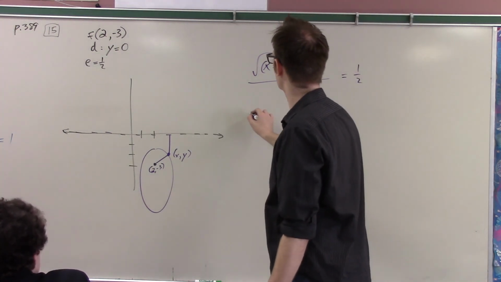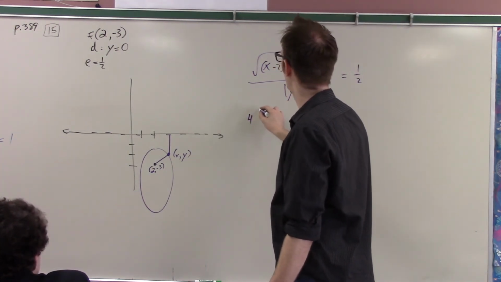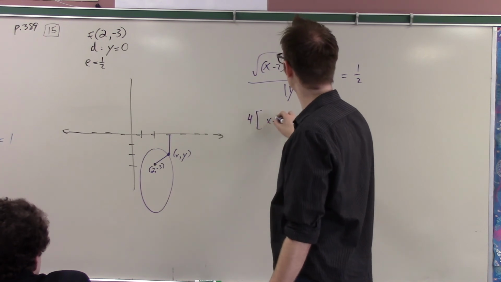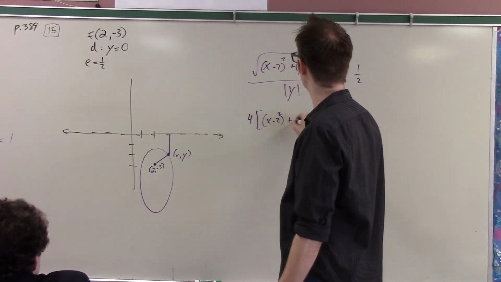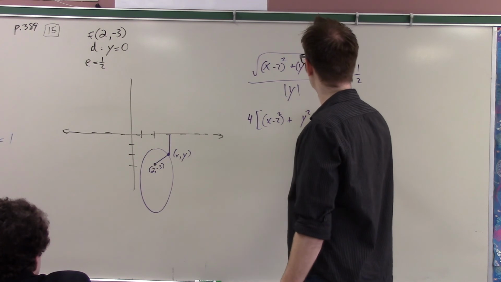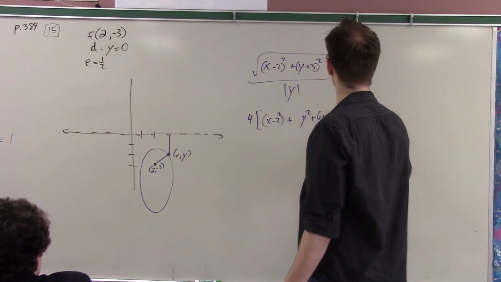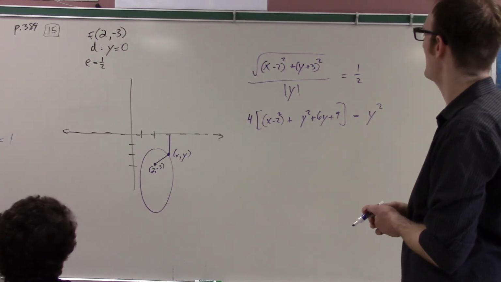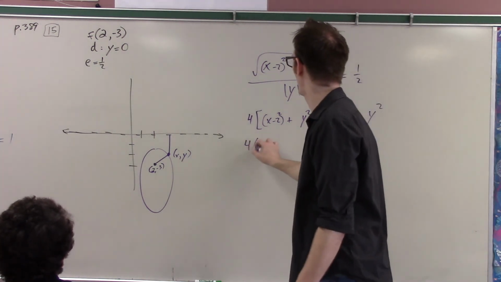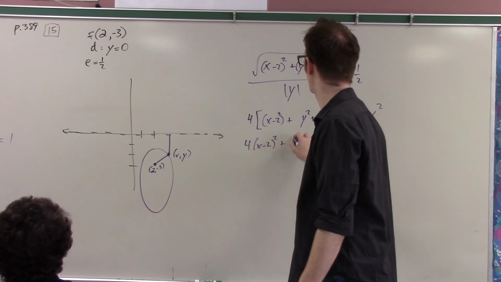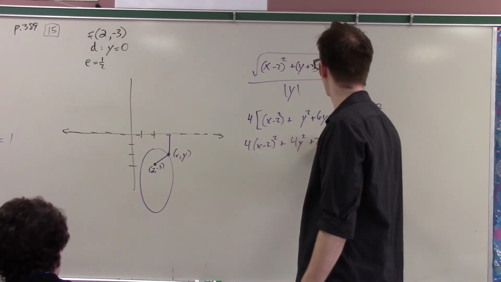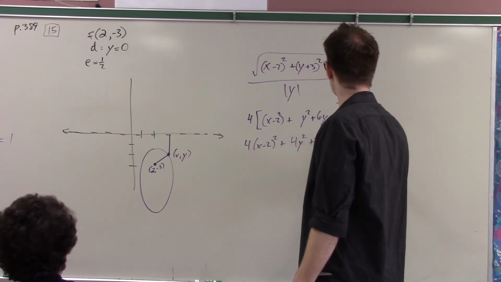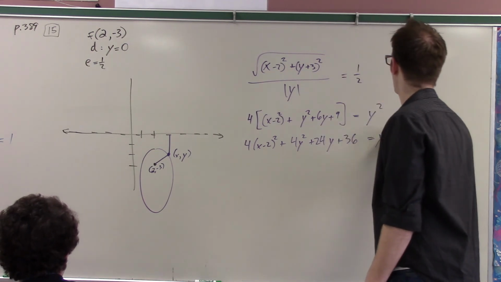So, let's do it. I get 4, if I'm smart, I don't expand the x's, but I do expand the y's. Is it okay if I'm skipping some steps? So we get 4(x minus 2) squared plus 4y squared plus 24y plus 36 equals y squared.